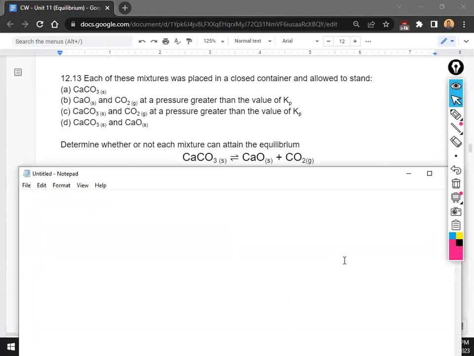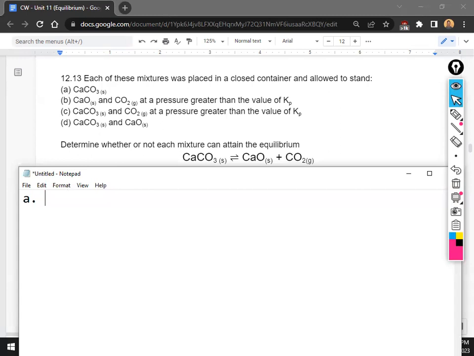Basically, you put a piece of CaCO3 inside of a closed container, and it's asking, is it going to go to equilibrium? So anyone want to take a shot at part A? Do you think yes or no? Is it going to go to equilibrium?